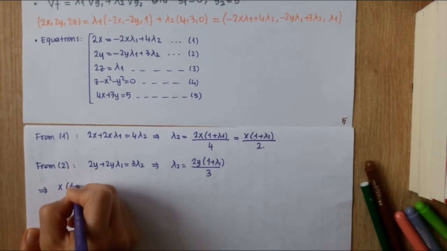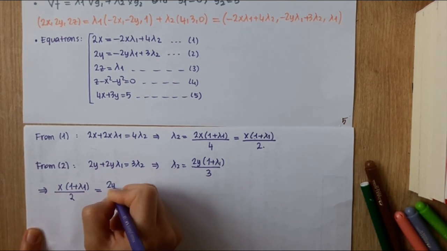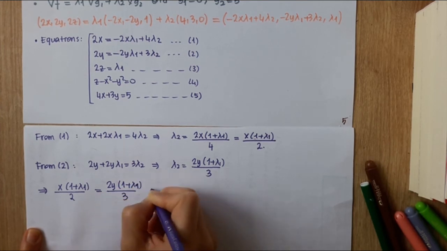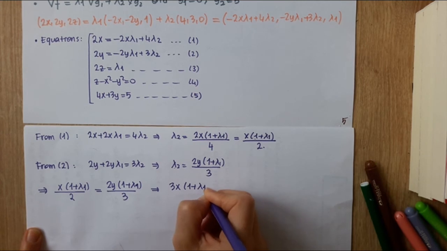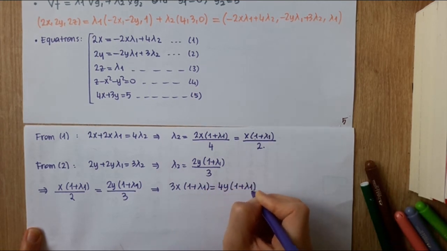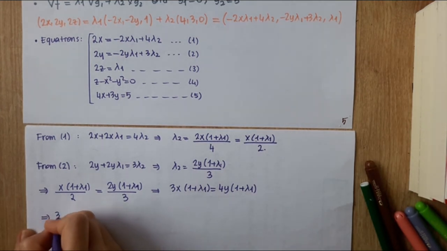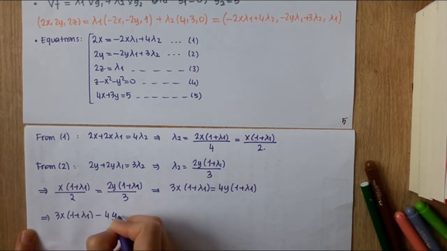x times 1 plus lambda 1 over 2 equals 2y times 1 plus lambda 1 over 3. So I have 3x times 1 plus lambda 1 equals 4y times 1 plus lambda 1. I just take everything on one side. 3x times 1 plus lambda 1 minus 4y times 1 plus lambda 1 is 0.